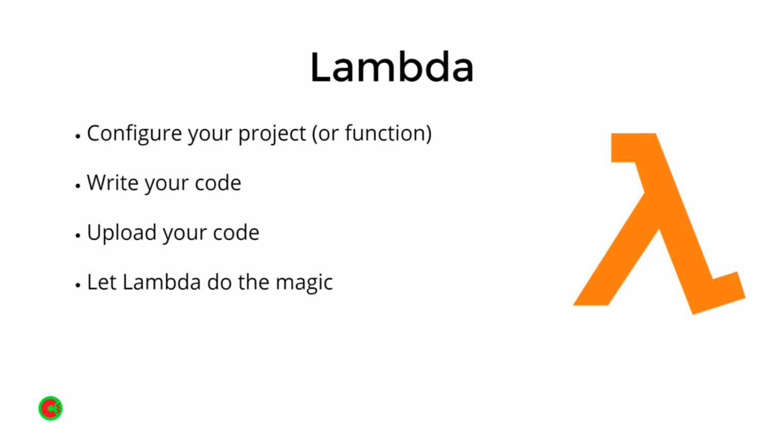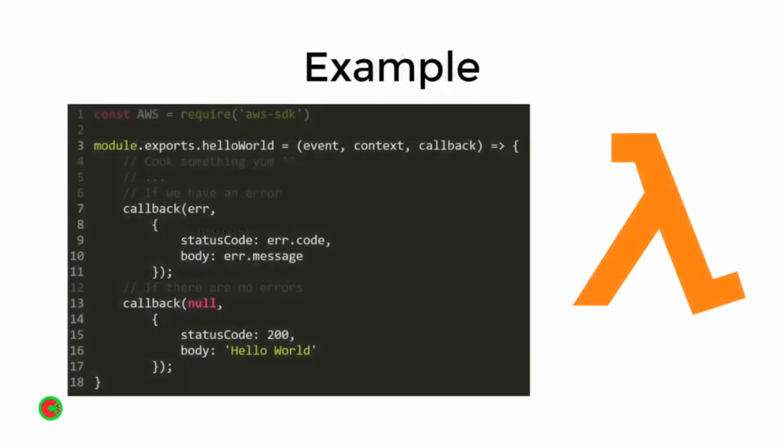And what you get with the free tier is actually 1 million free requests per month. And once you exceed that, you only pay $20 per 1 million requests from that point on, which is super cheap.